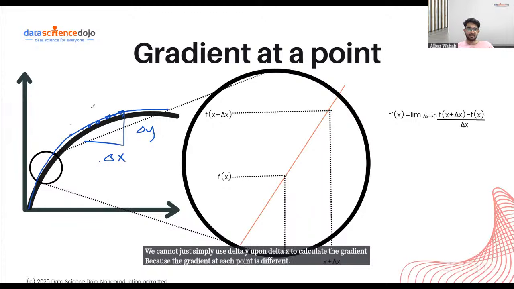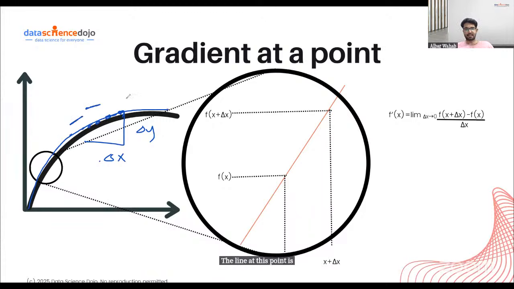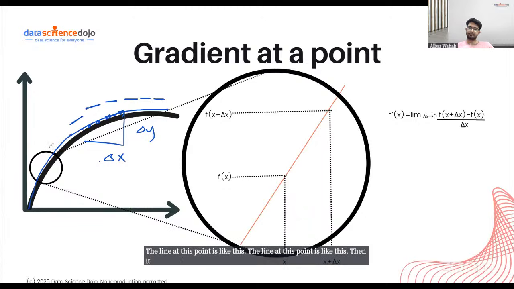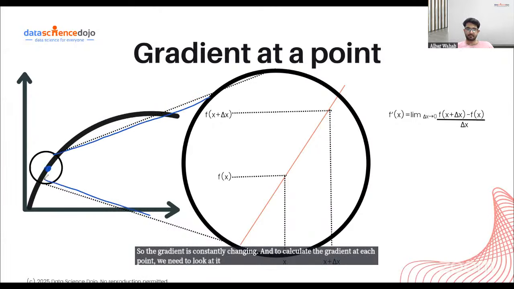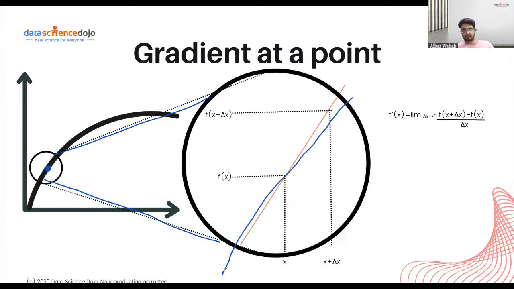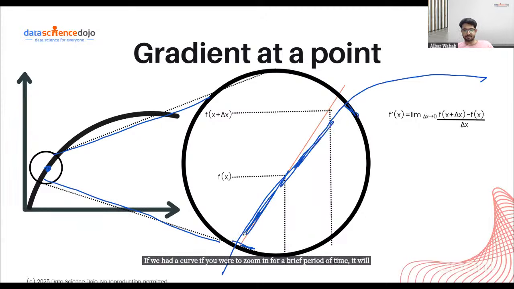The line at this point is like this, the line at this point is like this, then it just keeps getting flat. So the gradient is constantly changing. And to calculate the gradient at each point, we need to look at it a bit zoomed in. If we had a curve, if we were to zoom in for a brief period of time, it will just look like a straight line.